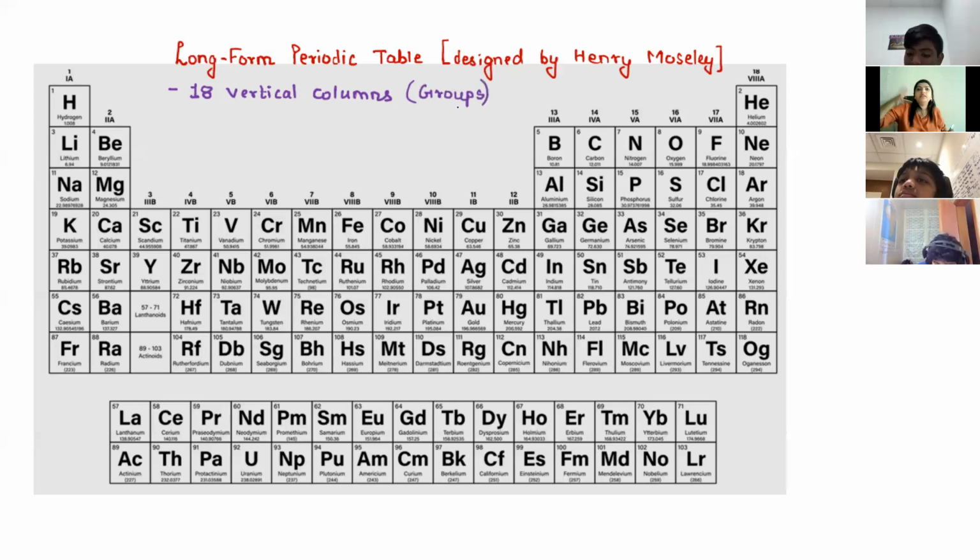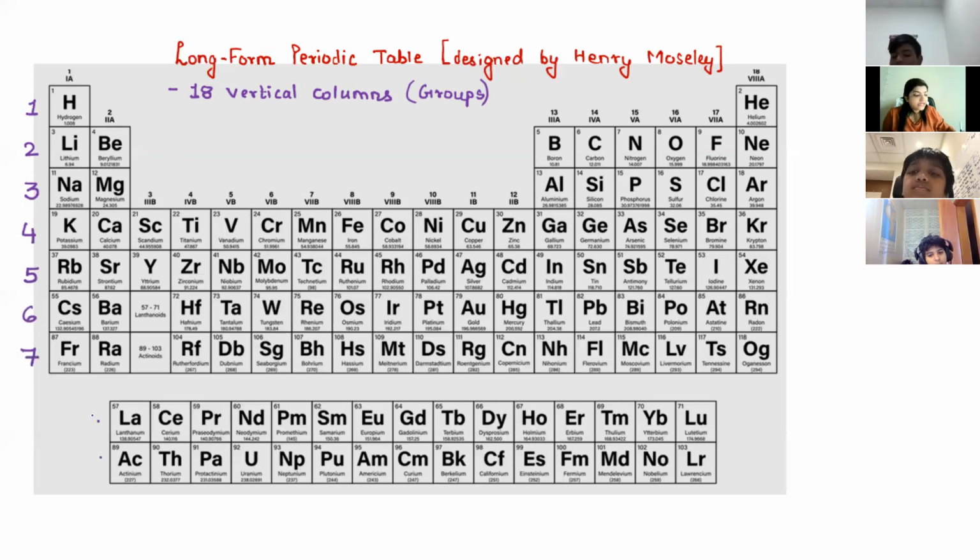What are 18 vertical columns called as? They are called as groups. How many horizontal rows can you find? Count how many horizontal rows? 7. Yes. Like if you will count, this is 1, this is 2, this is 3, this is 4, this is 5, this is 6, this is 7.